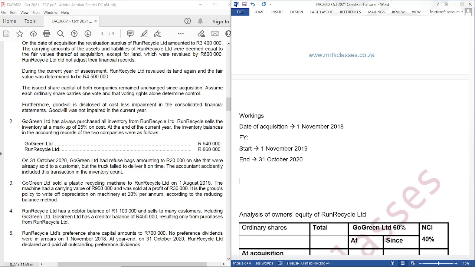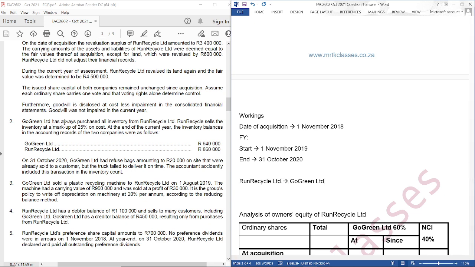Run Recycle Limited is the seller of inventory and it is selling to Go Green Limited.